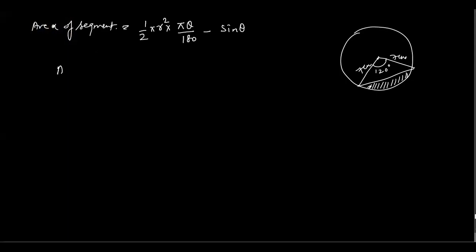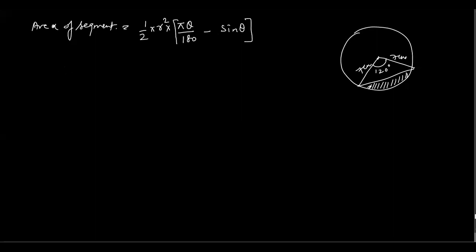You can calculate it using this formula also. Half r square, pi theta upon 180 minus sine theta, and this is in the bracket.